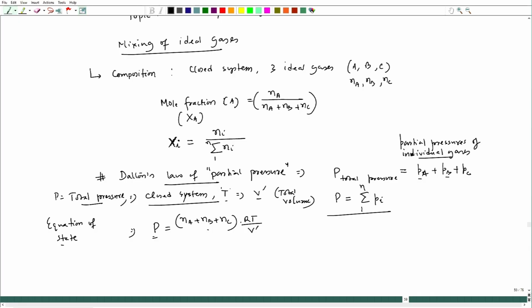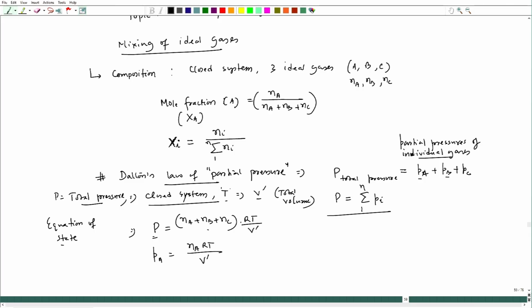Okay. Now, if I try to calculate P A, since all are ideal gases, the mixture of ideal gases is also ideal. So, I can write Na RT, since the ideal gas will occupy that total volume V prime.